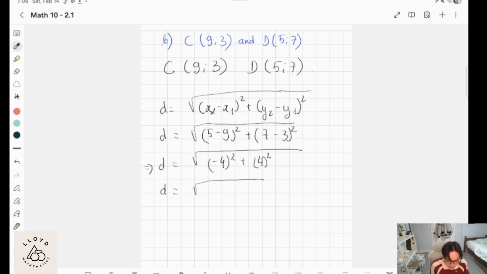Minus 4 to the power 2 is 16, and this one is also 16, which gives the square root of 32. And we can simplify that to 4 times the square root of 2.